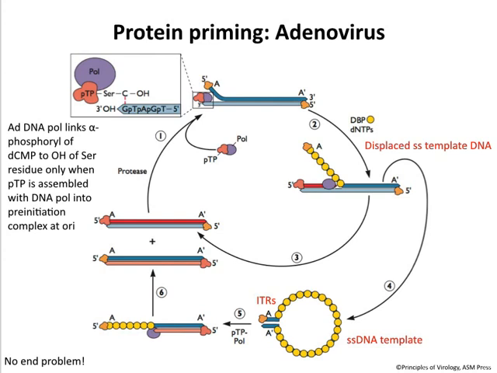This protein on the ends of the genome is called terminal protein, and there's a precursor of it that binds the polymerase and is linked via a serine residue on the pre-terminal protein to a C, a CTP that the enzyme picks up. And this all happens in a complex at the 3' end of the genome. That C happens to be complementary to the first G at the 3' end of the viral DNA. That is the primer for DNA replication.